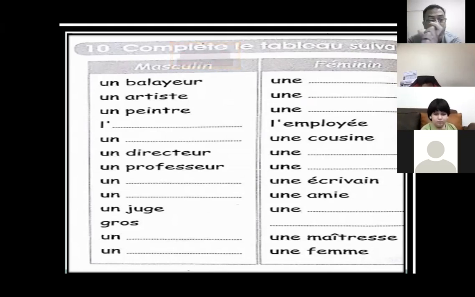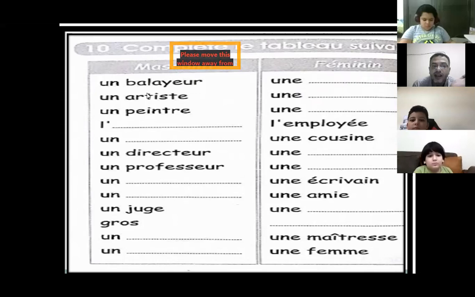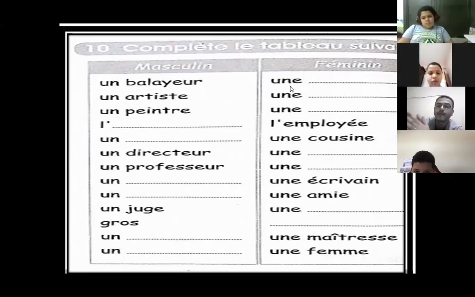Some other words, we remove some letters from it, 3 letters or 4 letters, and we replace it with other letters. Let's see who remembers. You can see on the left side here, this is the noun masculine. We should write its feminine.